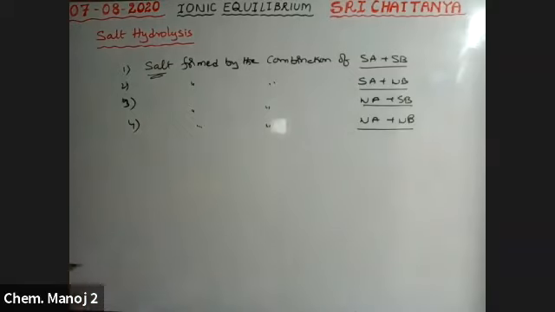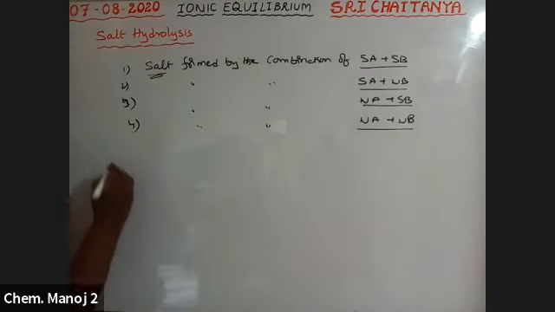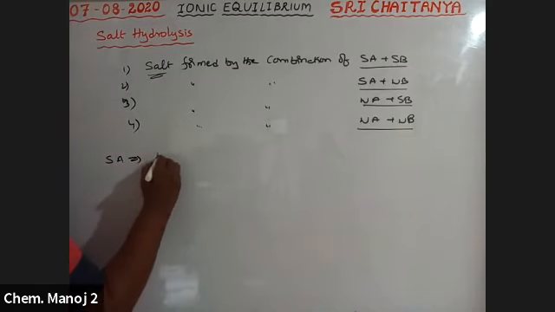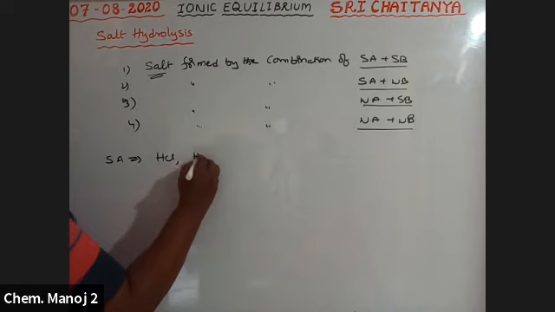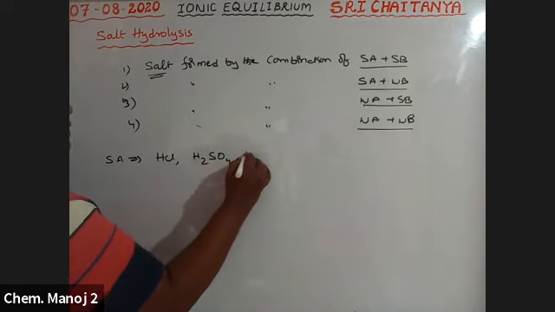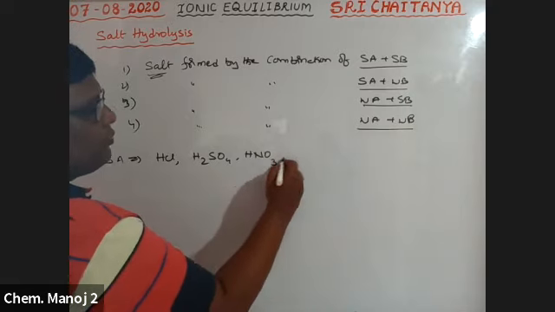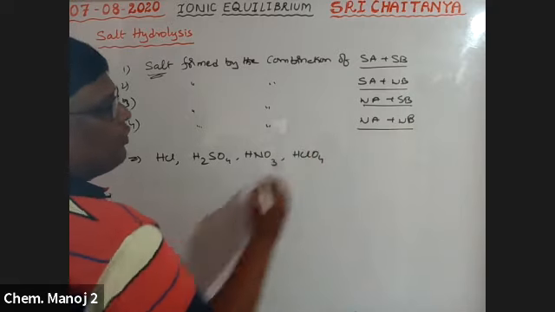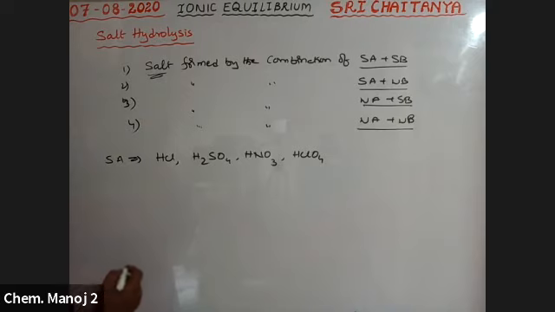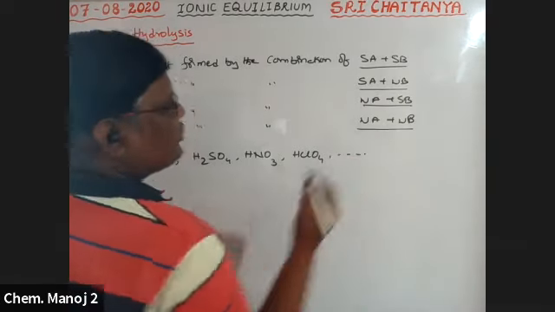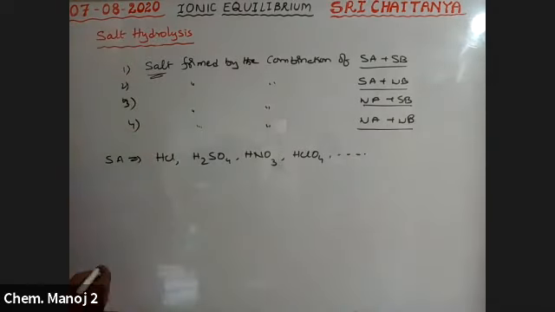See, boys. Strong acids are HCl, H2SO4, HNO3, HClO4. So these are considered as strong acids. Please keep in mind.